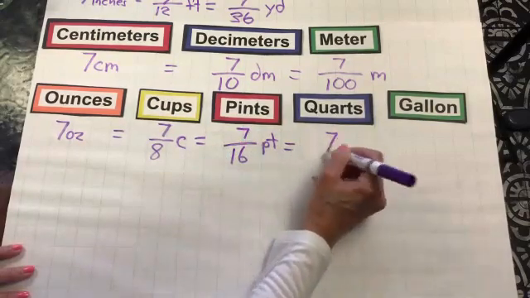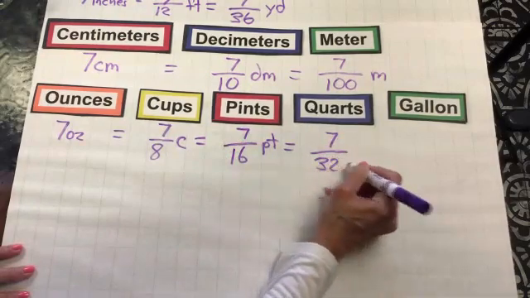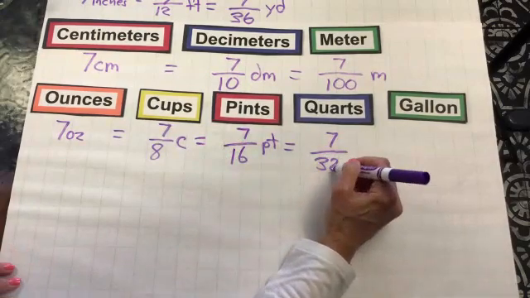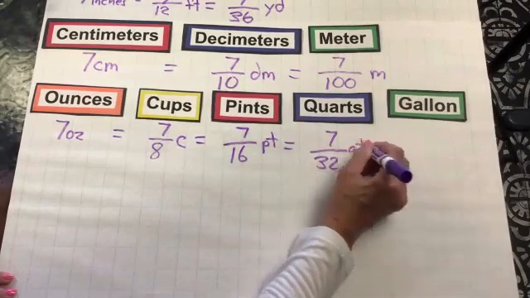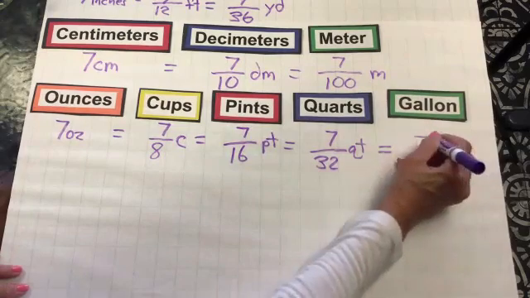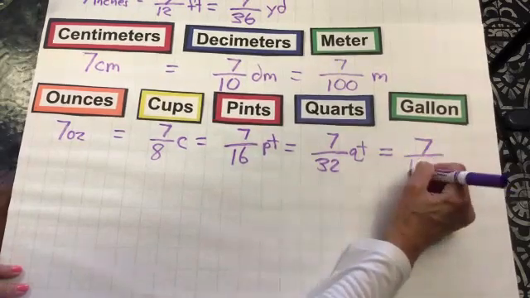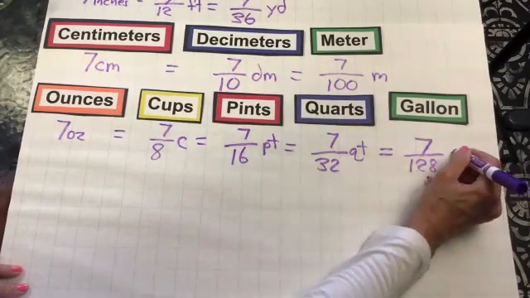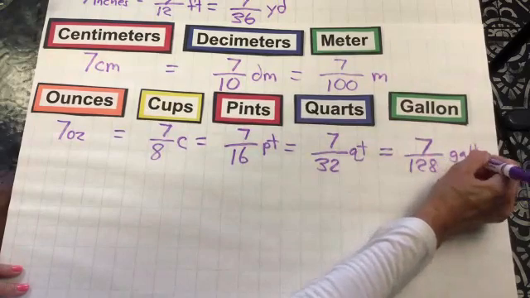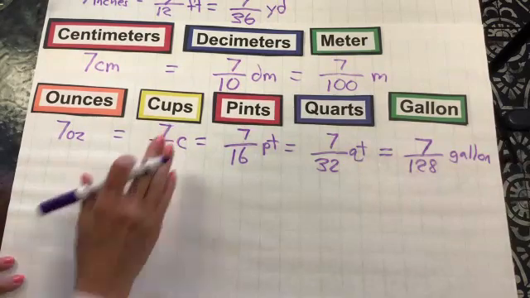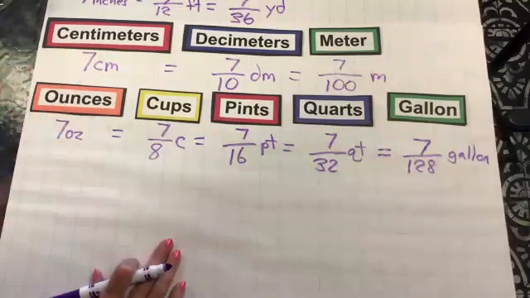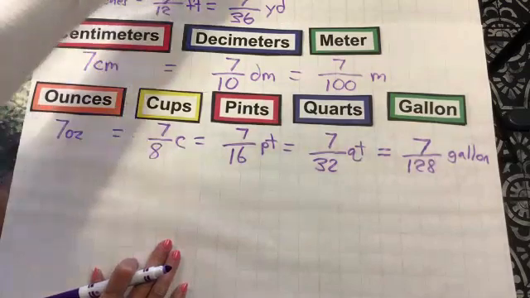It would be 7/32 of a quart. And it would be 7 out of 128 of a gallon. But we're almost to a whole quart. So as you can see, we're building up our measurements here.